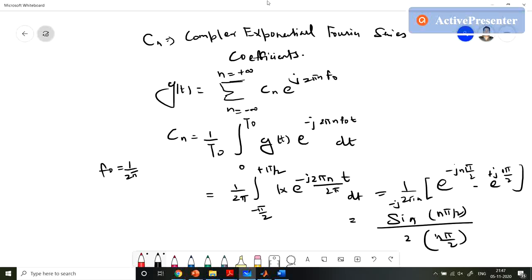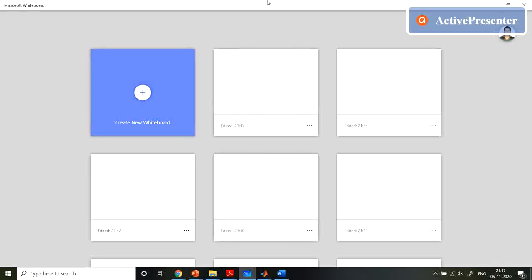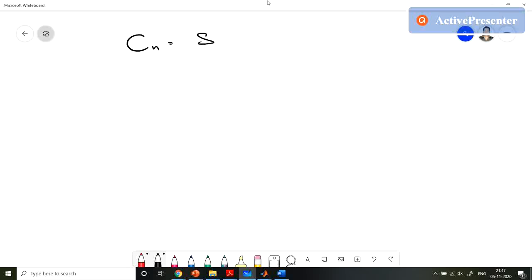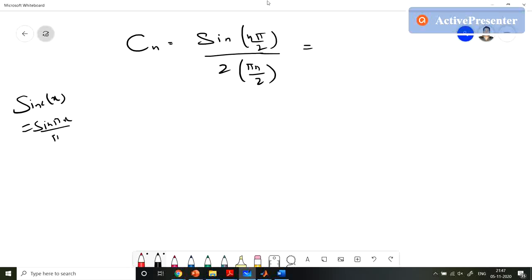So Cn is sine of n pi divided by 2 divided by pi n, and since sinc x is equal to sine pi x divided by pi x, it is equal to 1 divided by 2 sinc n divided by 2.